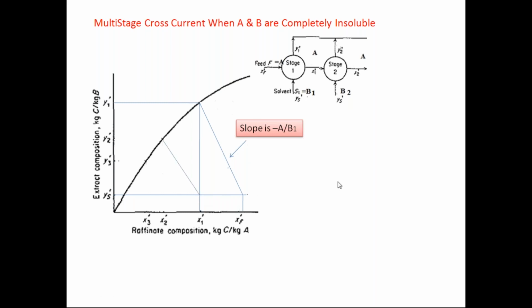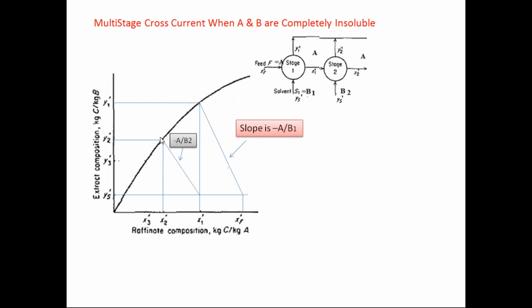From this point again you have to draw a line. When you draw this line, again you will get Y2 prime and X2 prime, with the slope of minus A by B2. So you will be getting now Y2 prime, then similarly you will get X2 prime.